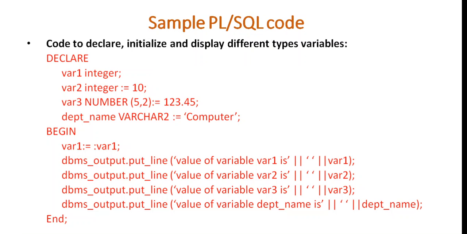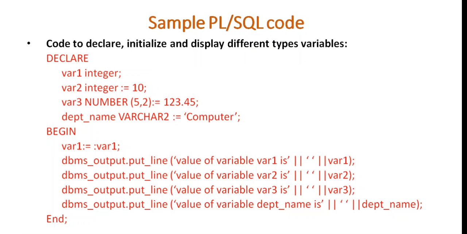So this is how we can declare different types of variables. We can initialize a variable, and while initializing you can either use the equal to assignment operator, or you can use the default keyword also. Then we have seen how to read input from the user by using the colon operator, and how to display messages or values of variables by using the DBMS_OUTPUT.PUT_LINE method. In DBMS_OUTPUT.PUT_LINE you can display your own message, which is specified in single quotes.